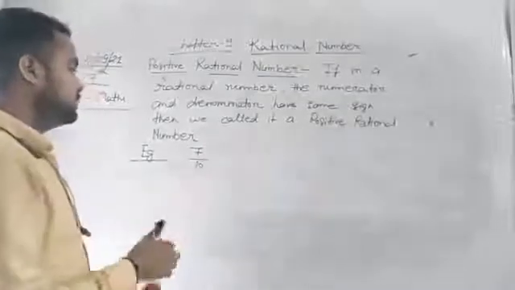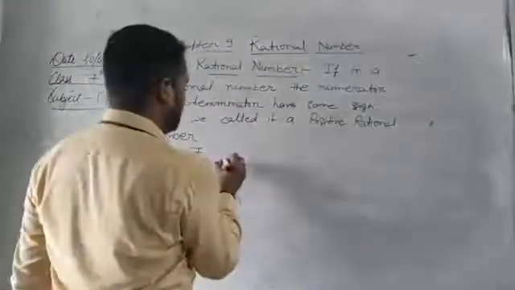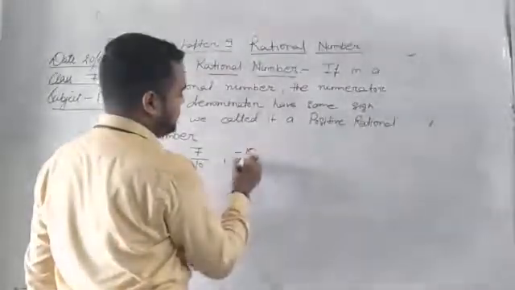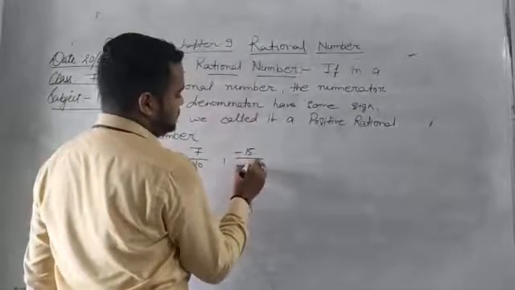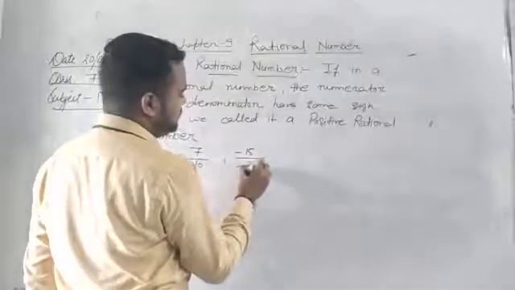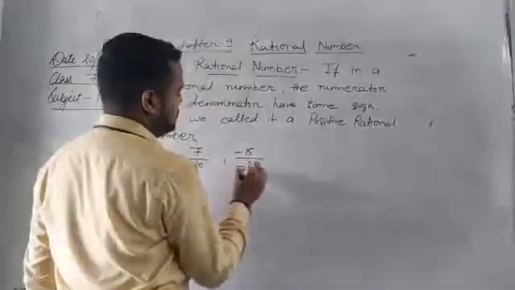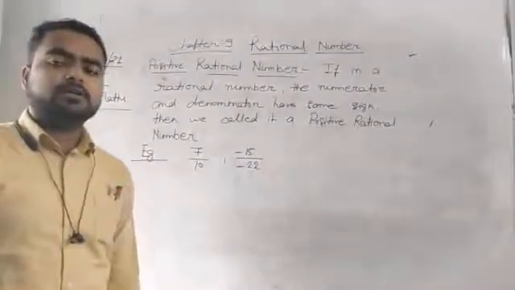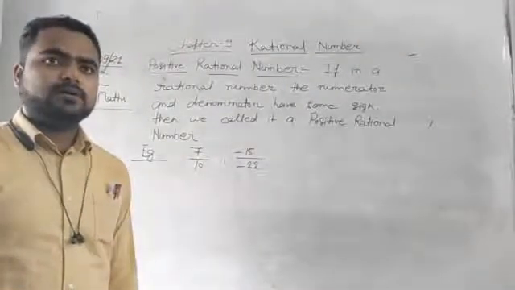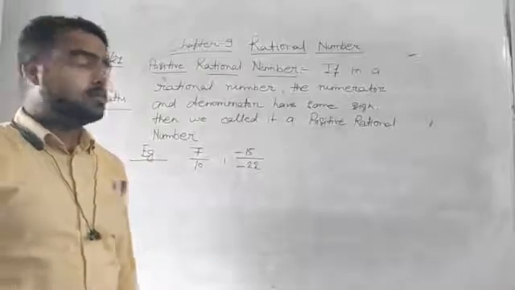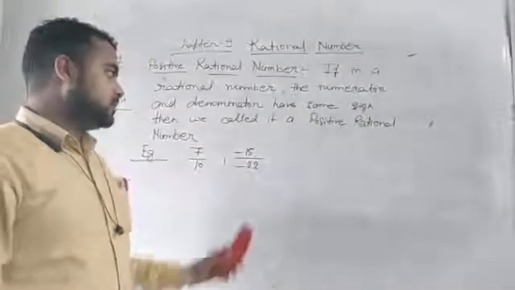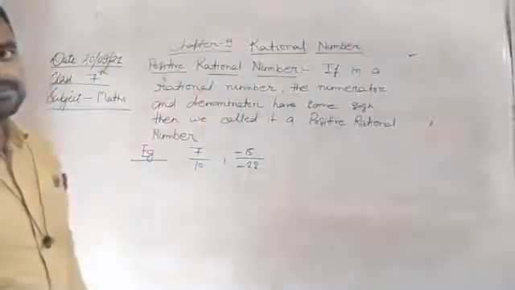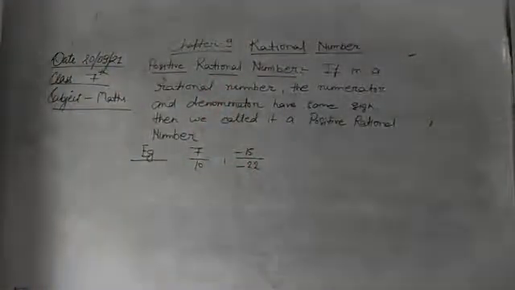Okay, so it is a positive rational number. And our second example is minus 15 by minus 22. Here both the numerator and the denominator have a minus sign. It means both have the same sign, so it is also an example of a positive rational number. Okay, note it down.